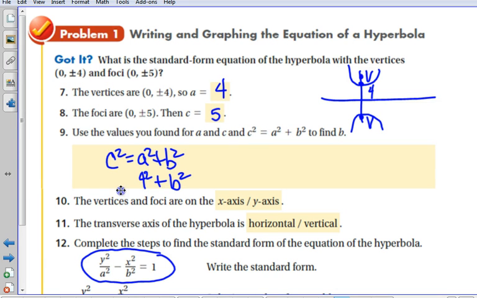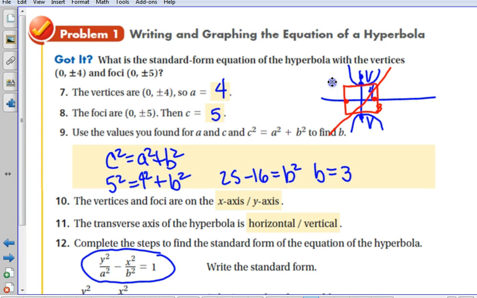Plus b squared is equal to 5 squared. 25 minus 16 is? We're working backwards, so we have to subtract. You all right, Jim? Got it? So it's 3, 4, 5. So b is 3. So if I needed to actually draw in the rectangle, it would go out 3 this way. Okay? And I could find the equations of those asymptotes if I needed to.